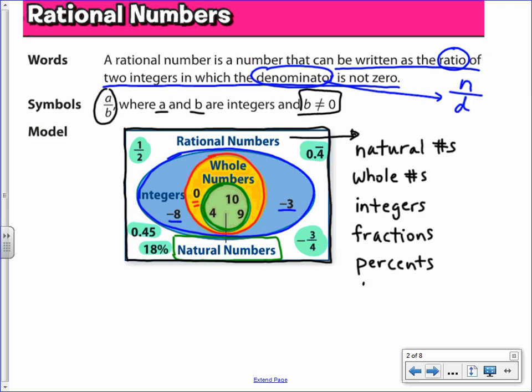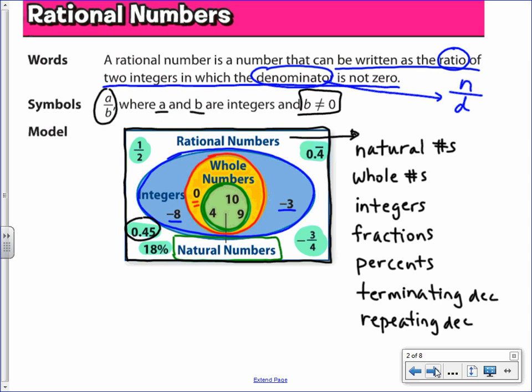Terminating means that they end, like 0.45 ends. And of course, we have repeating decimals like 0.4 repeating. Hopefully you're looking at this and saying, well, geez, we've done all of these. These are still all the numbers that we've worked with. And you're absolutely correct. Natural numbers, whole numbers, integers, fractions, percents, terminating decimals, repeating decimals are all rational numbers.